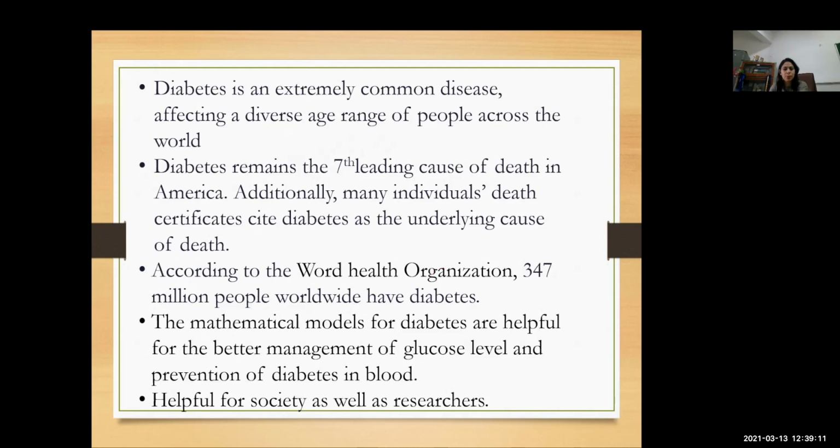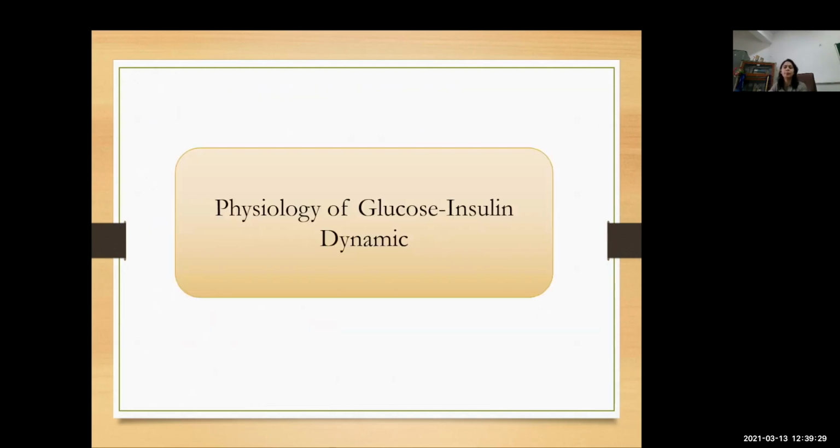According to WHO, 347 million people worldwide have diabetes. Mathematical models for diabetes are helpful for the better management of glucose level and prevention of diabetes. It will be helpful for society as well as for researchers. So we would like to develop a model for diabetes.